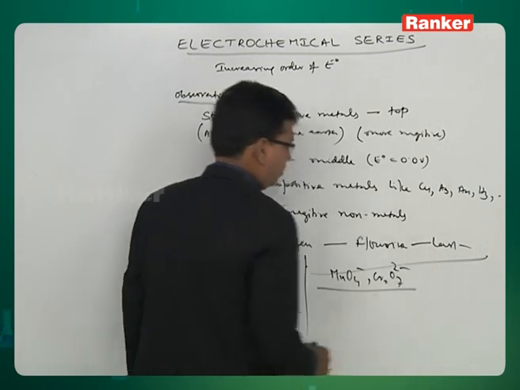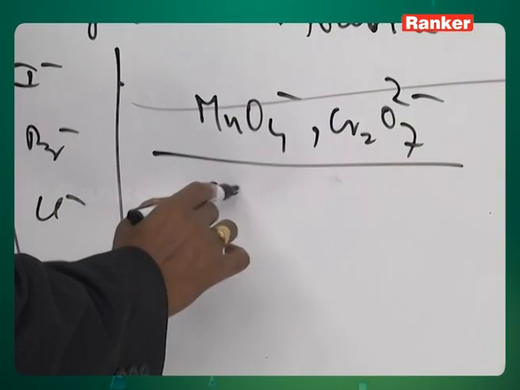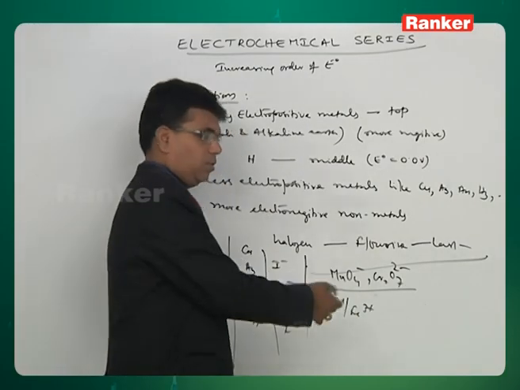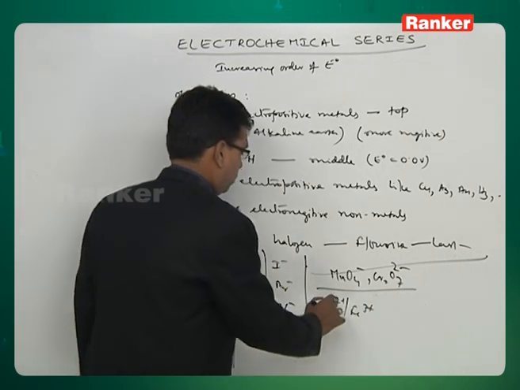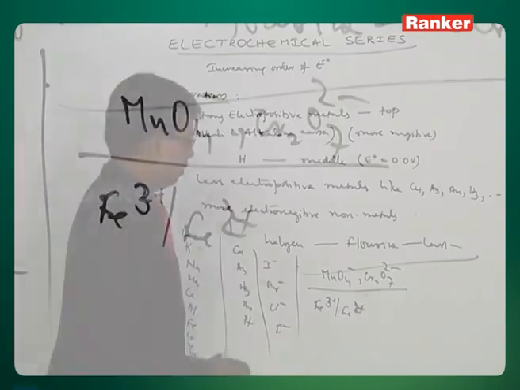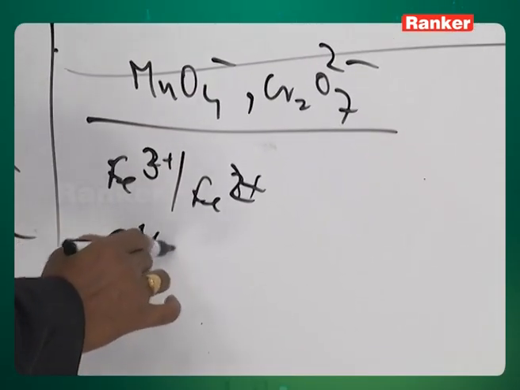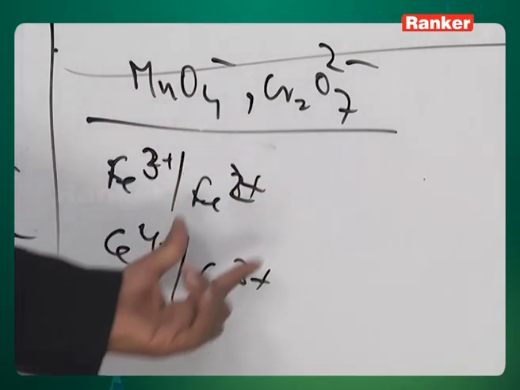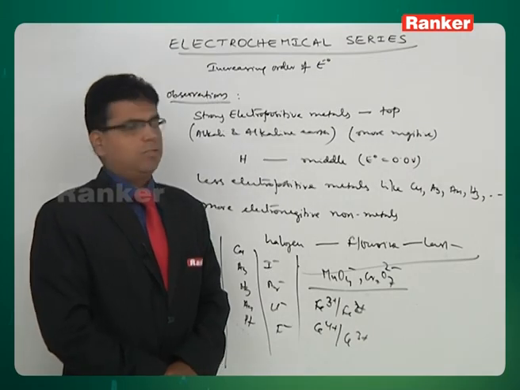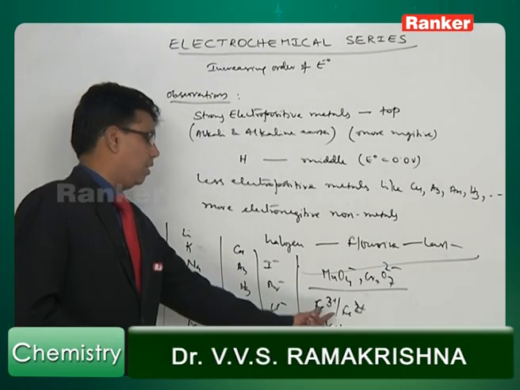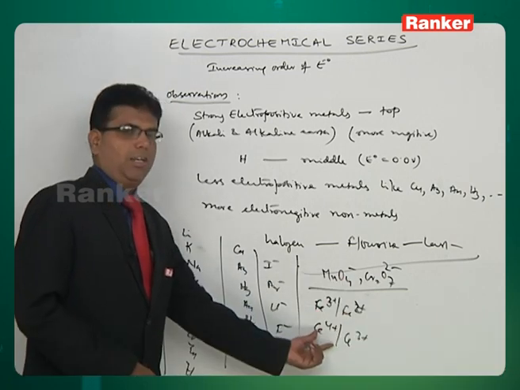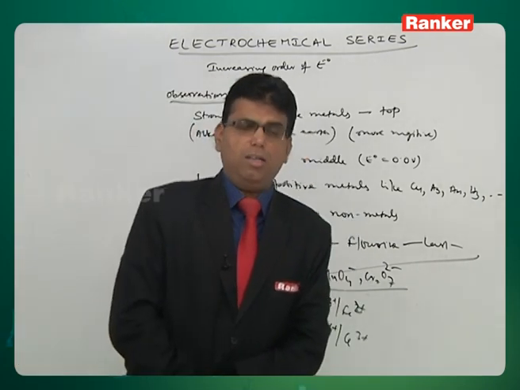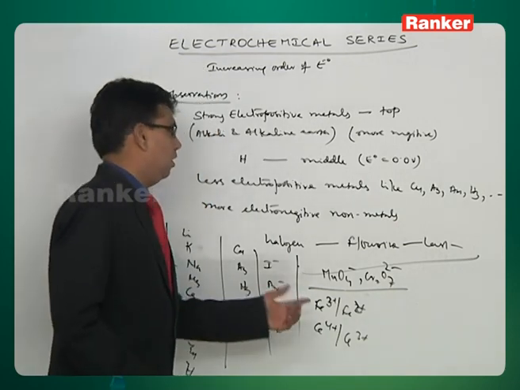And even for ions, Fe2 plus and Fe3 plus; Fe3 plus to Fe2 plus is reduction, because here we are always talking about reduction. And even cerium 3, cerium 4, all these types of ions, non-metals, molecular ions, everything will be in the table. So, this table which arranges the elements, elemental ions or molecular ions in increasing order of their standard reduction potential values is what is called the electrochemical series.